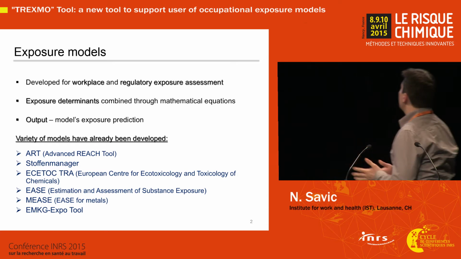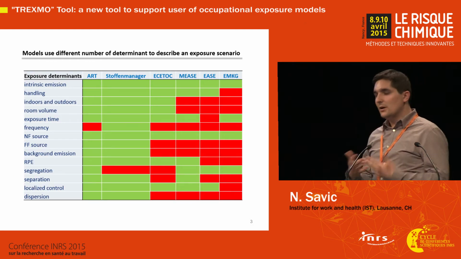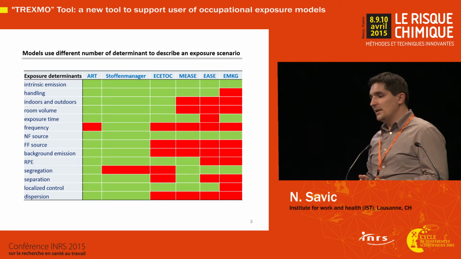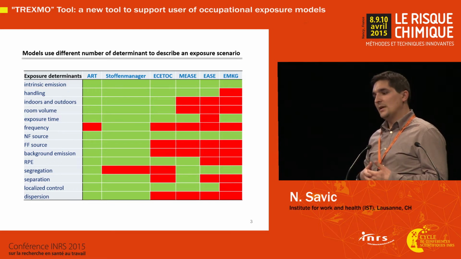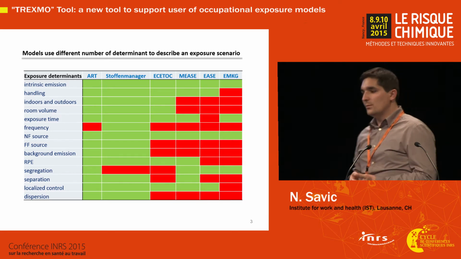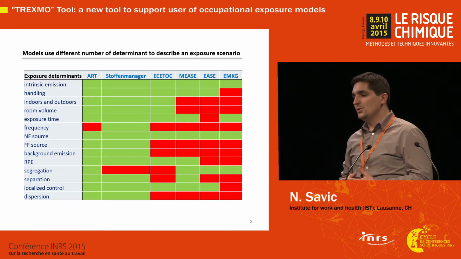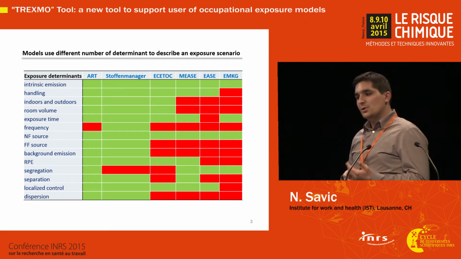In this table, I want to show you that all these models are somehow different. On the left side in the table, we can see that ART and Stoffenmanager, as the most complex models, use the most determinants to describe an exposure scenario, unlike the other 4 models on the right side, which use significantly fewer determinants to describe exposure at some workplace.